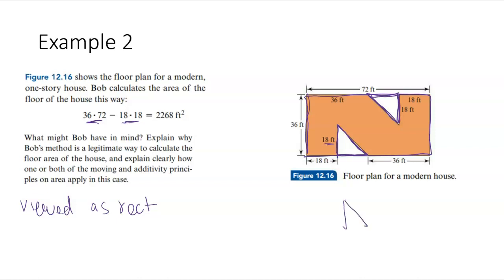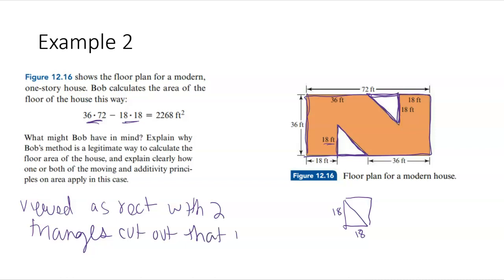So maybe he took them out and thought about them like a square. So then he thought about it as a rectangle with two triangles cut out that make an 18 by 18 square. So that is what Bob had in mind.